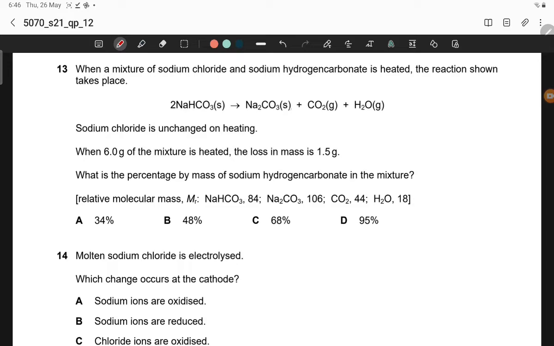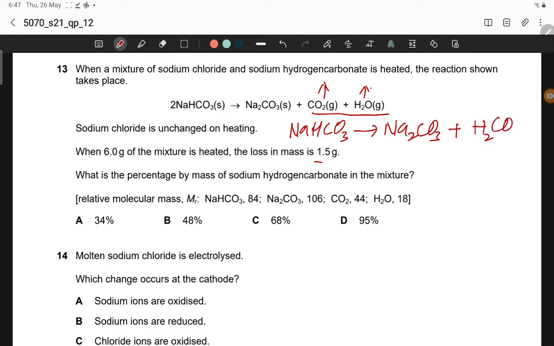This is 2 moles gives. This mass is going to be lost, and when 6.0 gram of the mixture is heated, the loss in mass is 1.5 gram. NaHCO3 gives sodium carbonate and H2CO3.